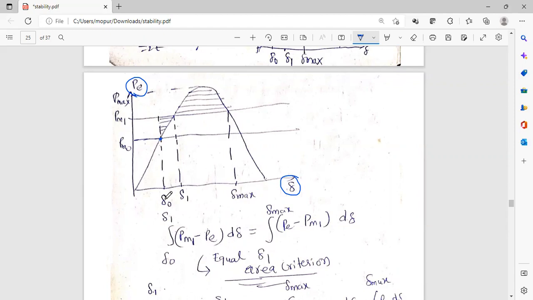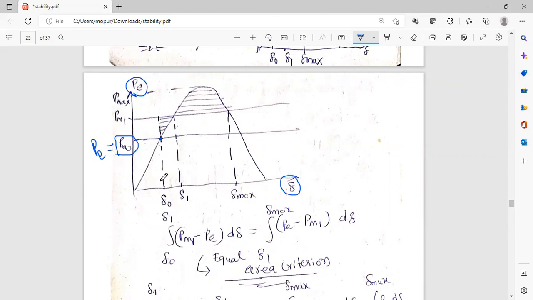Corresponding to that, the mechanical power input is Pm naught. Here the y-axis is Pe and the x-axis is delta. When we take the x-axis delta naught, the corresponding y-axis component is Pm naught. That is, Pe at this point is equal to Pm naught.